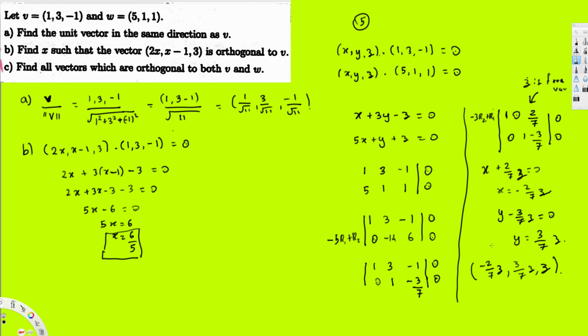If you take the dot product with these two, you will get 0. So any value of this is going to be orthogonal to B and W, and that's how we find this one.